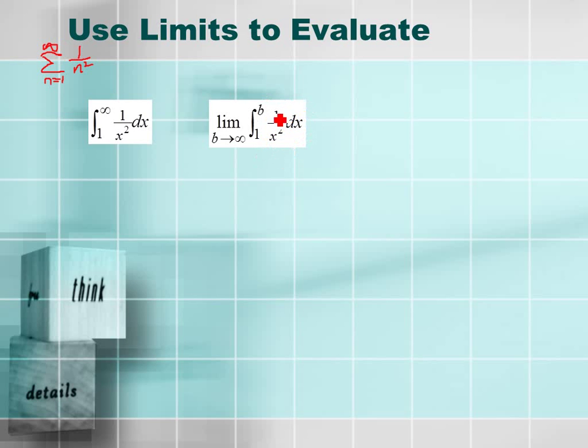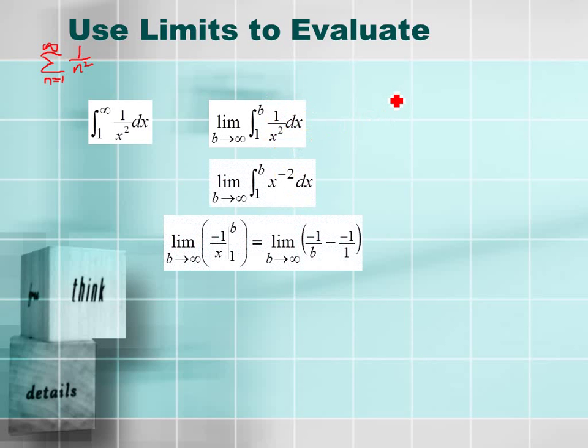The antiderivative of 1 over x squared: I rewrite this as x to the negative 2. Then for the antiderivative, I add 1 to the exponent, I get x to the negative 1 divided by negative 1, which is negative 1 over x. I'm carrying my limit the whole time through, but now I'm ready to evaluate it. I get the limit as b goes to infinity of negative 1 over b minus, when I plug in 1, negative 1 over 1.